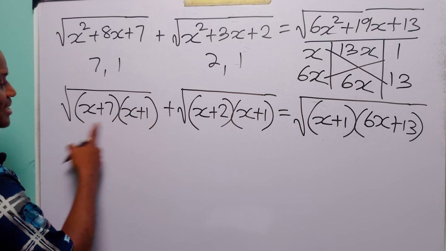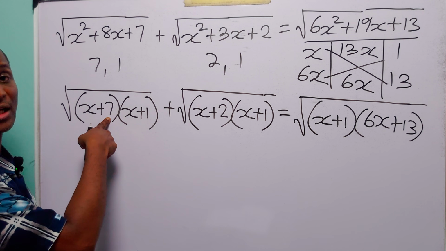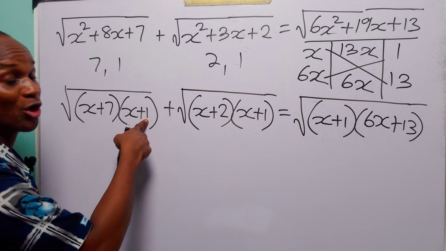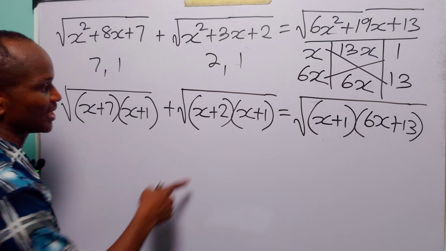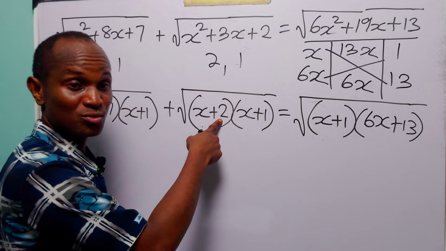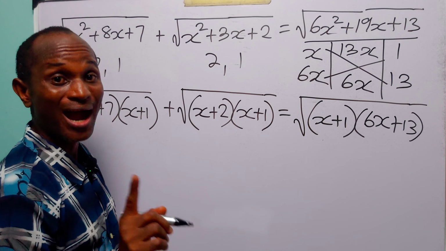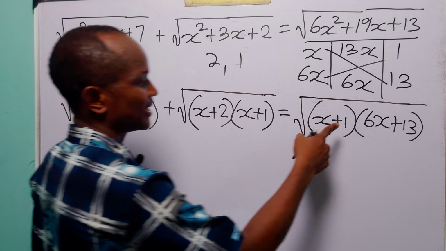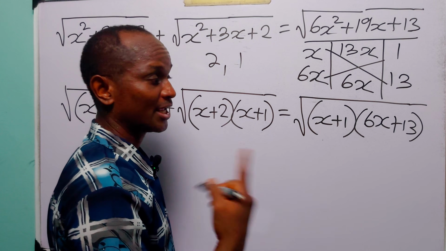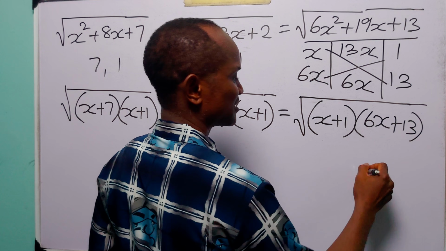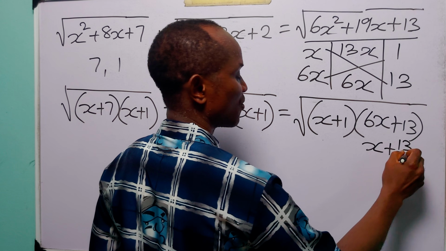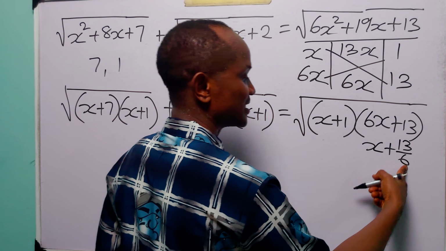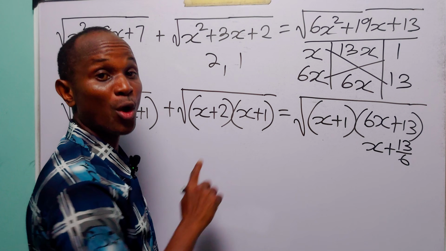Now, when you look at this term, we have the number 7 and we have the number 1. 1 is the smaller number. Here we have the number 2 and the number 1. 1 is the smaller number. Here we have the number 1. If you divide both of these terms by 6, we have x plus 13 over 6. Now, this is greater than 1.